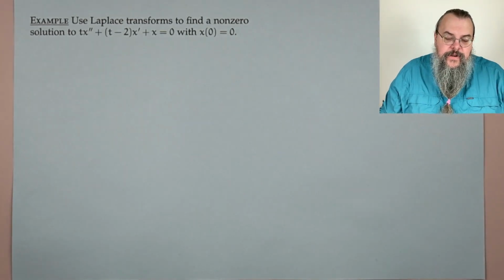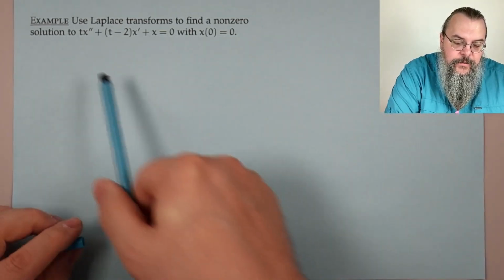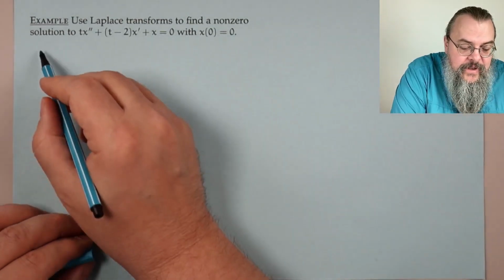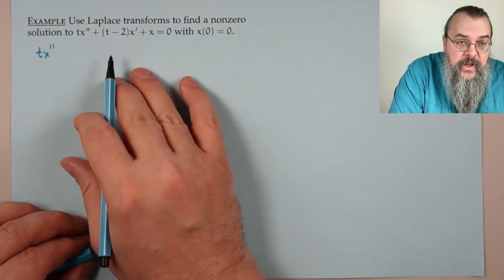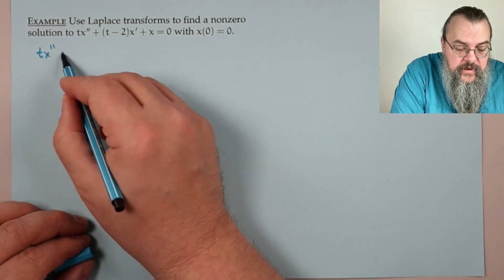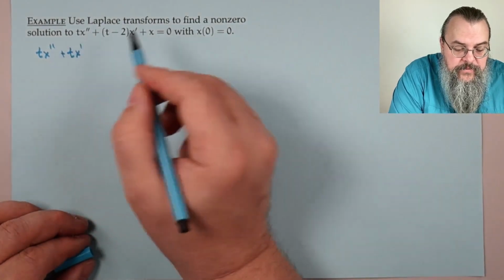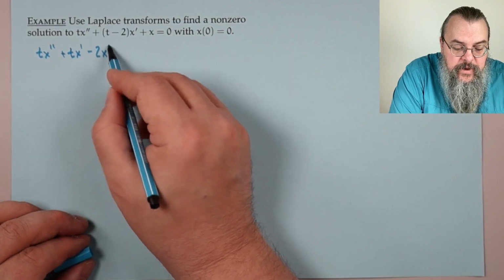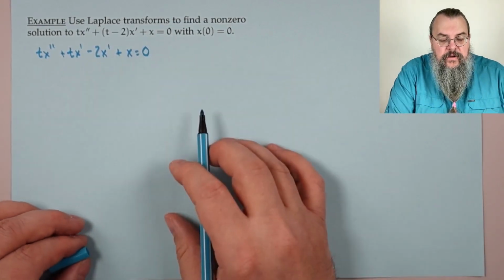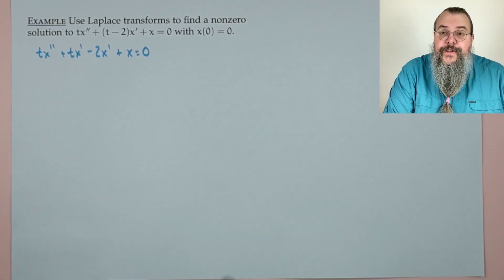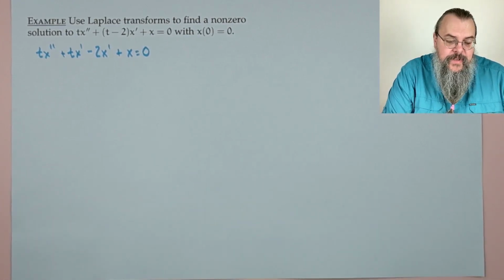Well, let's start by first off rewriting this expression. So this is the same as t x double prime plus t x prime minus 2x prime plus x equals 0.